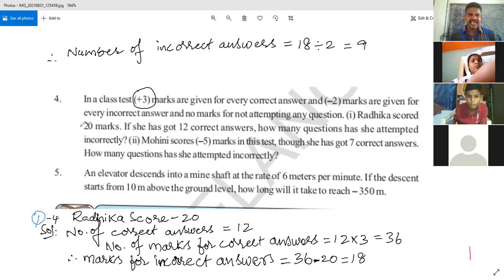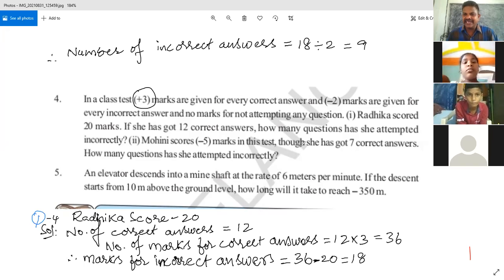So the question is, in a class test, every correct answer got 3 marks and every incorrect answer gets minus 2 marks. Radhika got 20 marks, but she has 12 correct answers.